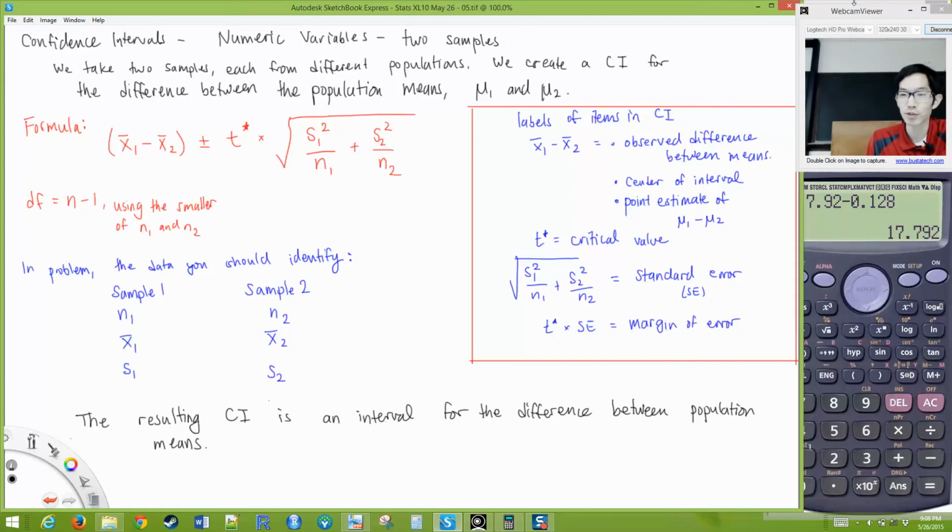Those same principles apply here. The only thing that's changed are the formulas. If you understand the concepts behind confidence intervals, as long as you have these formulas written down on a piece of paper, you should be fine. The concepts, that's the hard part. That's the part you need to learn. That's the part I'm trying to explain. Yes, the calculations and formulas are important, but you can write those down on a piece of paper. I'm not trying to get you guys to memorize all of these formulas.